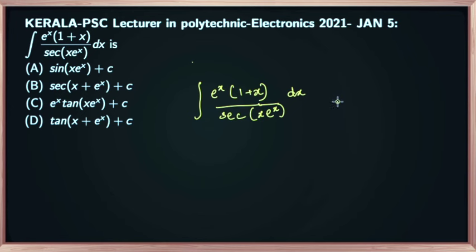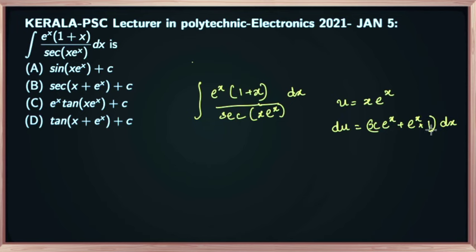So I will first put u is equal to x e raised to x. So naturally du will be equal to x into e raised to x plus e raised to x into 1, which is product rule of differentiation, dx, right?